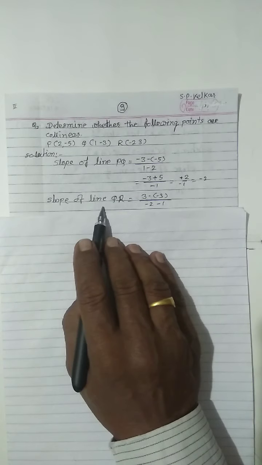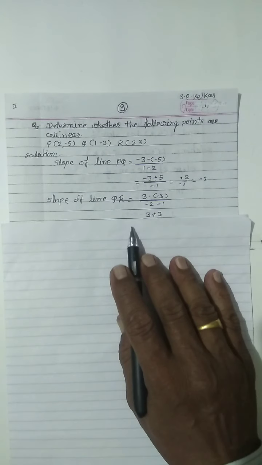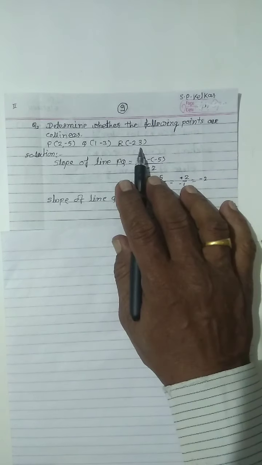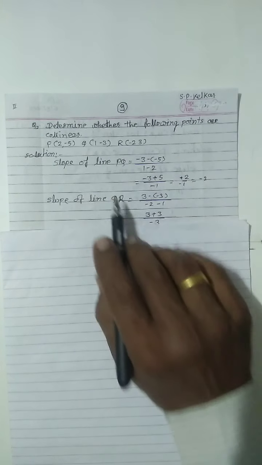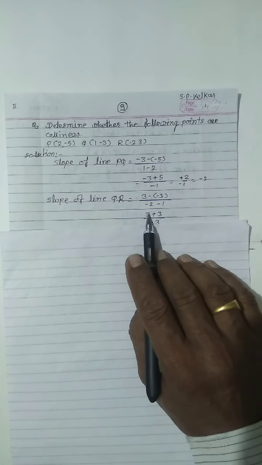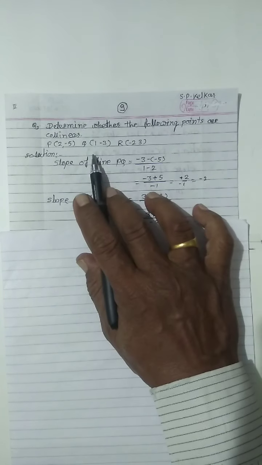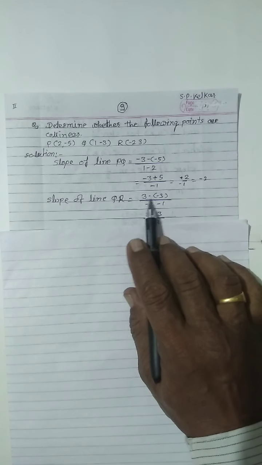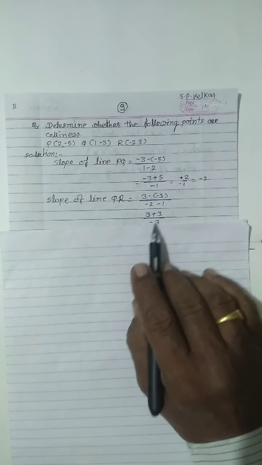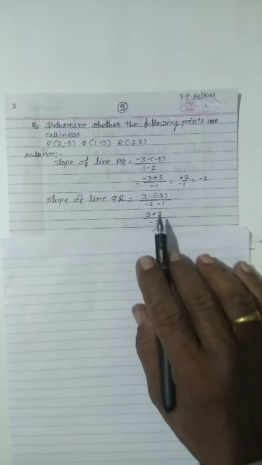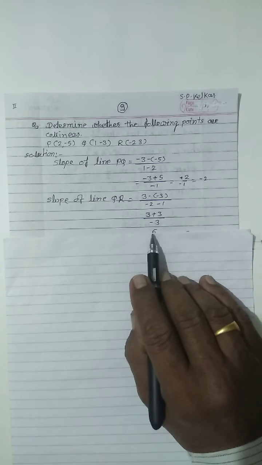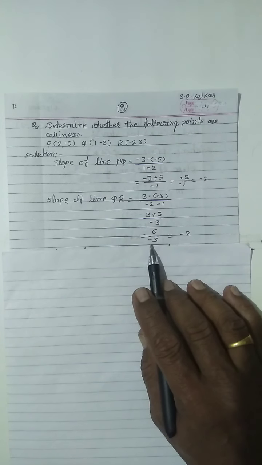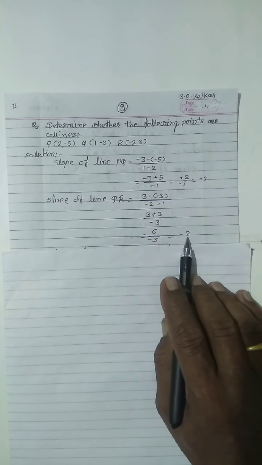Then the slope of line QR, again write: y2 is 3 minus minus 3, divided by x2 minus x1, that is minus 2 minus 1. This 3 minus minus 3 means 3 plus 3, divided by minus 2 minus 1, that is minus 3. 3 plus 3 is 6, and 6 divided by minus 3 is minus 2.